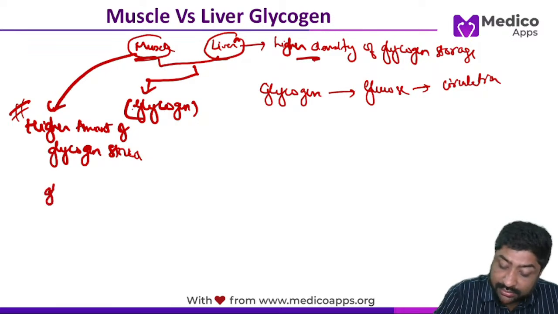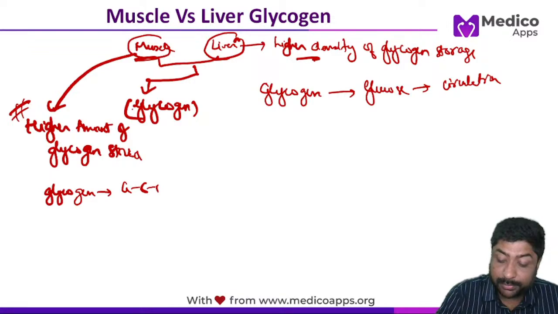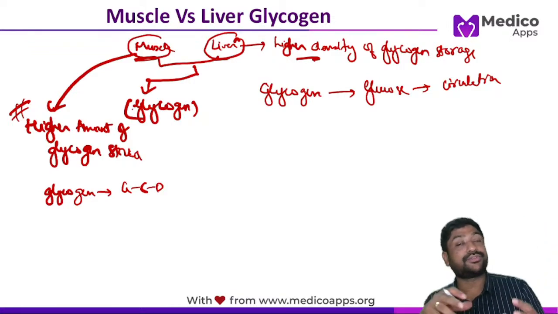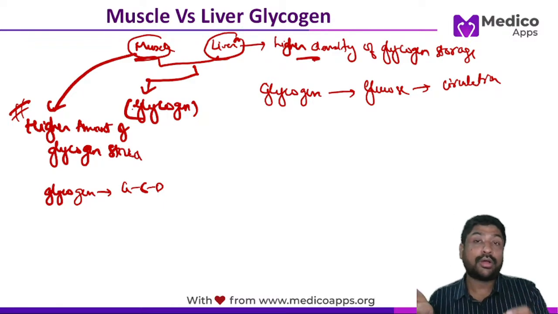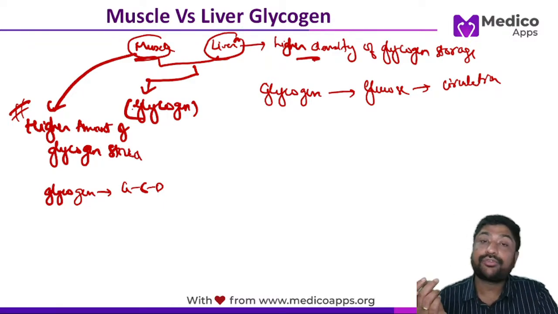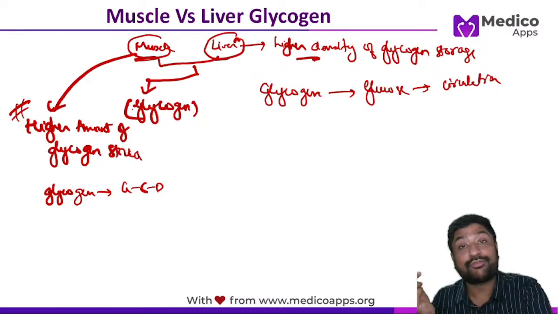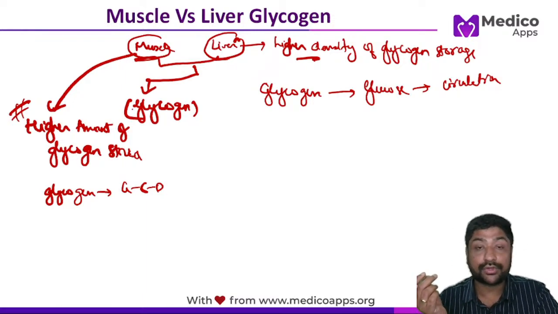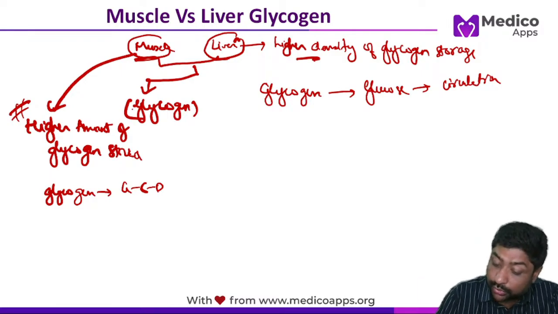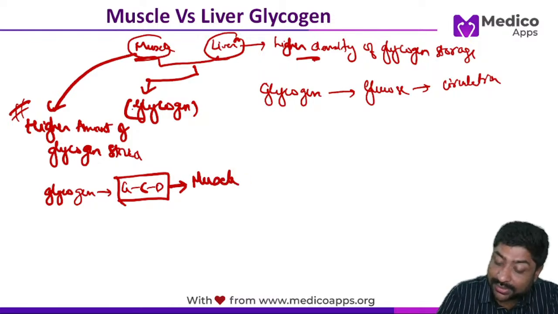It breaks glycogen only till glucose 6 phosphate, because glucose 6 phosphate cannot be converted to glucose in muscle, as glucose 6 phosphatase is not there. So this can be utilized only by the muscle cell.